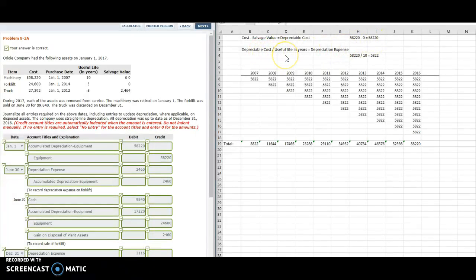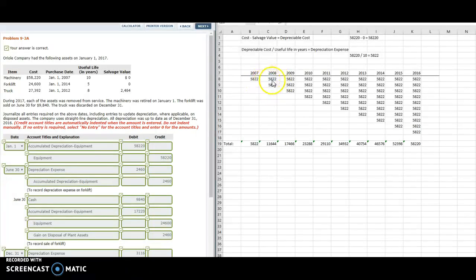And then we would divide that amount by our useful life in years, which would give us our yearly depreciation expense. So $58,220 divided by 10 would give us a yearly depreciation expense of $5,822. So for 2007, we would have $5,822 of depreciation expense.